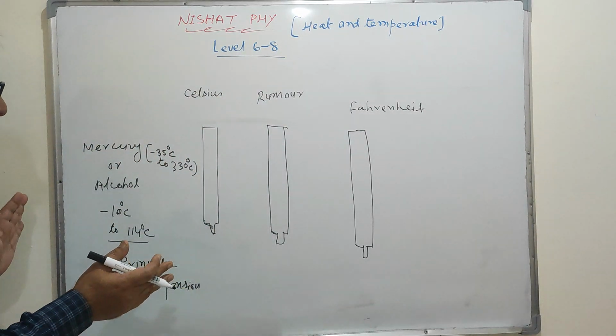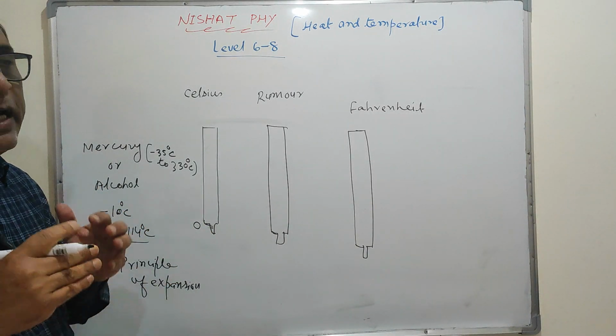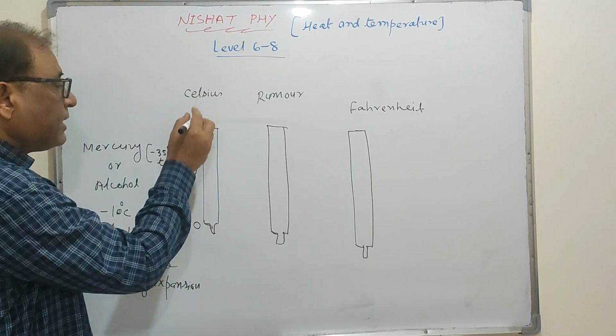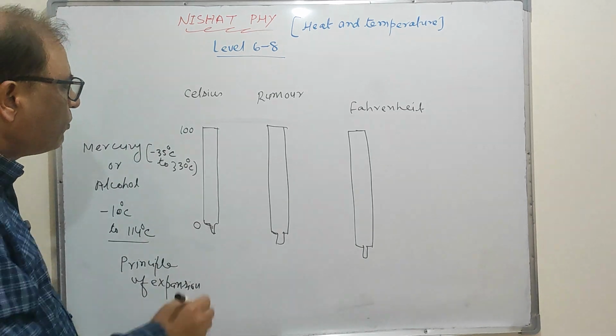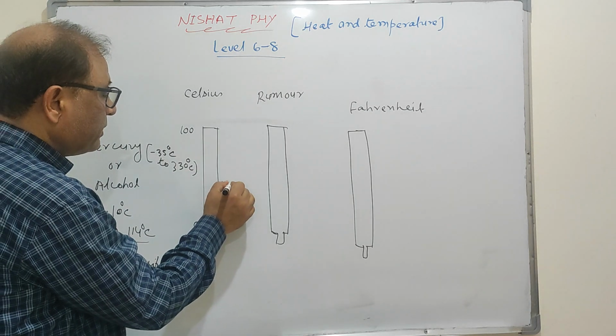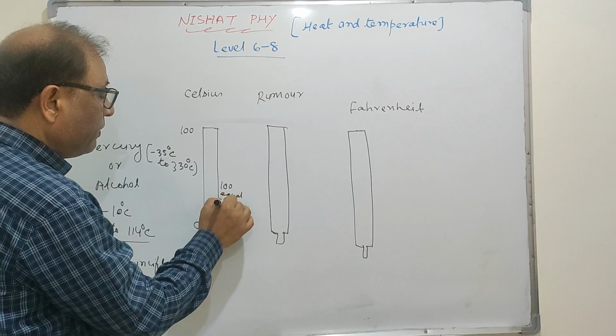You know very well that at the ice point it is written 0, when ice freezes, and pure water at sea level boils at 100. So the Celsius thermometer is divided into 100 equal parts.